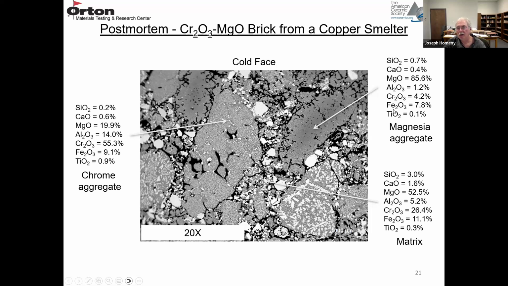And then it also has some Fe2O3, some silica, some lime, and some alumina. So you have chrome aggregates, magnesia aggregates, and then the fines in the matrix are about 52% MgO and 26% Cr2O3, plus you have alumina, lime, and silica. These bright grains are also chrome grains.